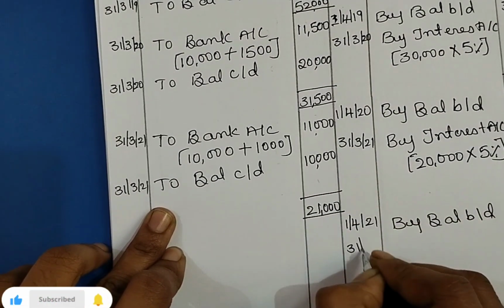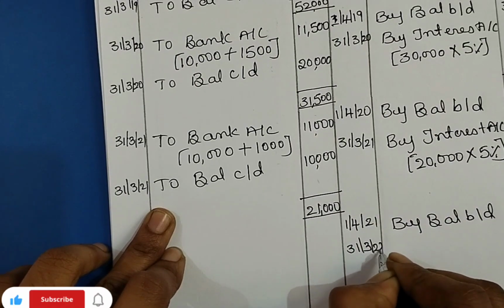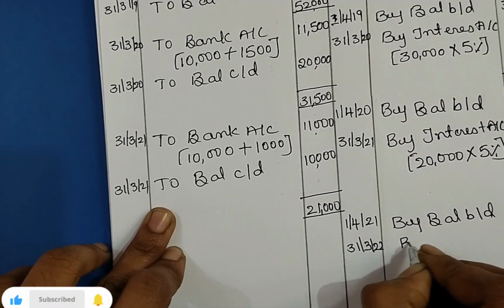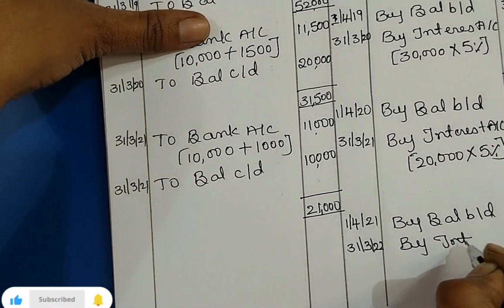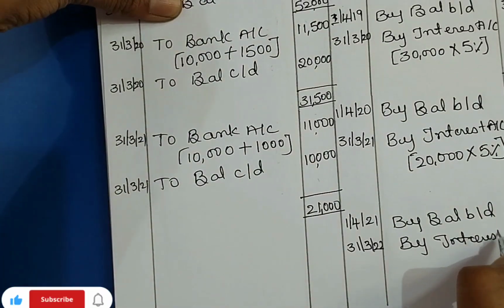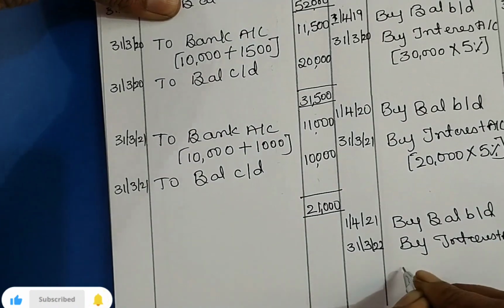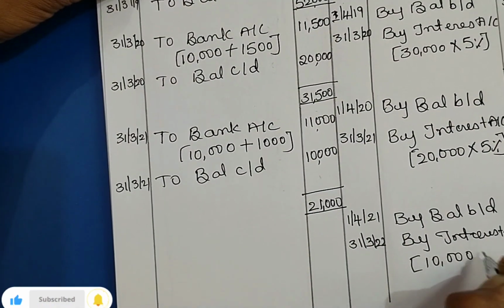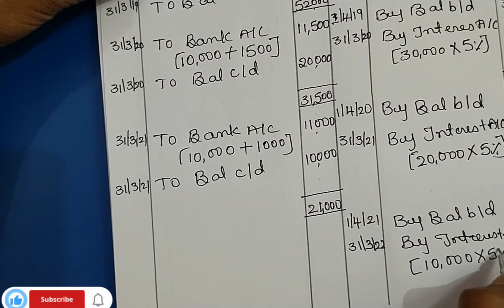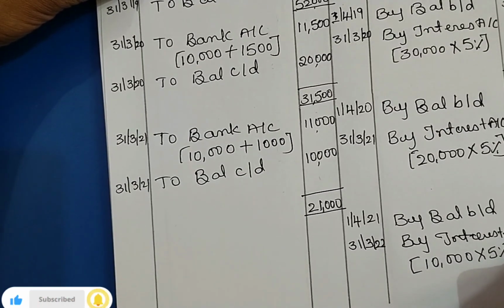on 31st March 22. We are making last payment, last interest by interest account. What is the remaining balance now? 10,000 into 5% is 500.